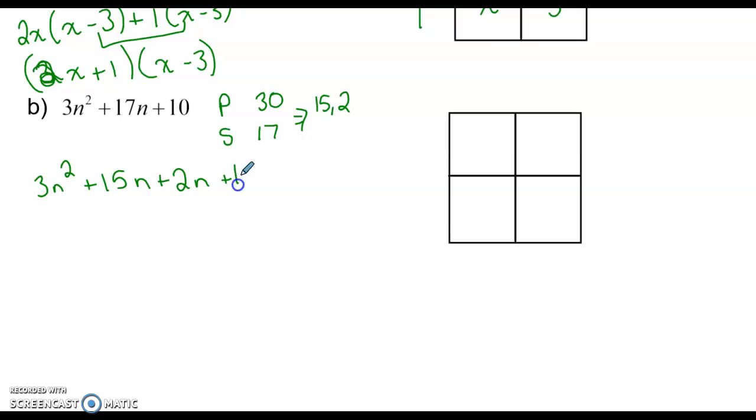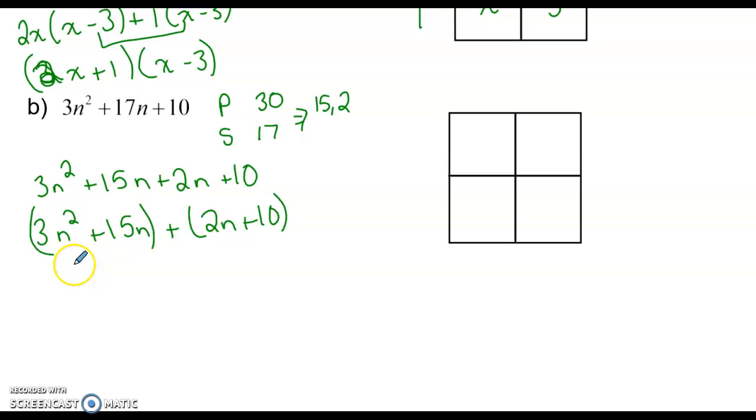I'm going to substitute that middle term with 15n plus 2n. And then I'm going to put in my brackets. Now I'm going to look for common factors. Common between 3 and 15 is 3, and I have an n in both terms.